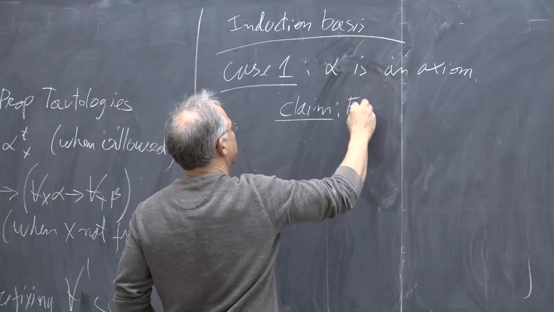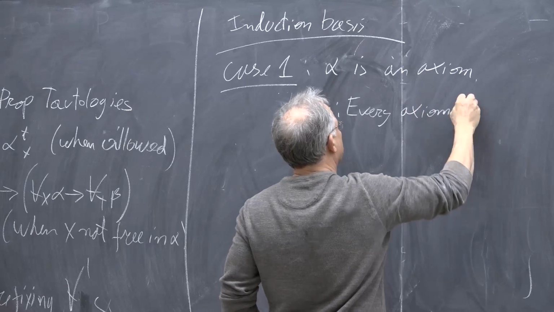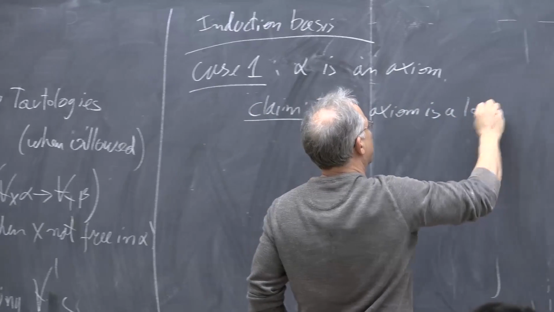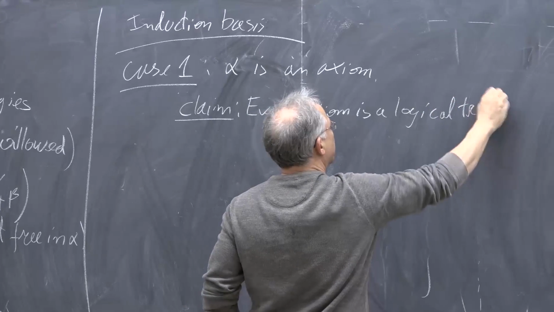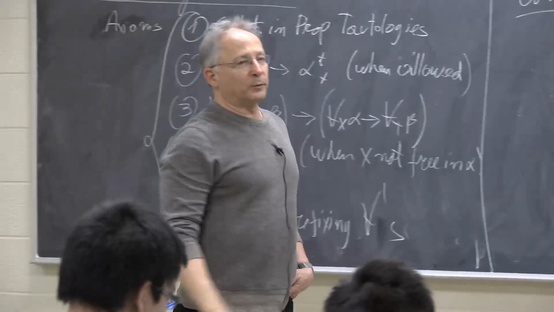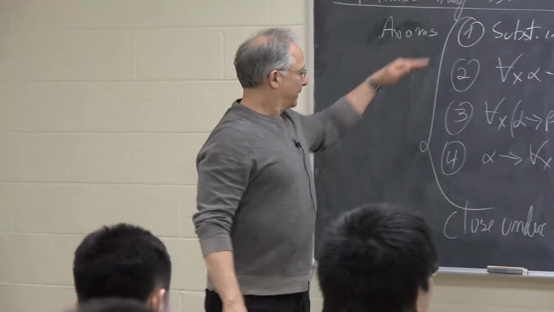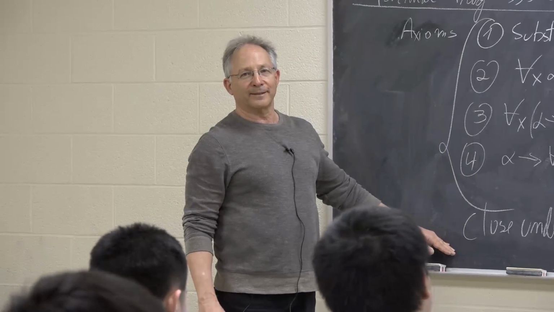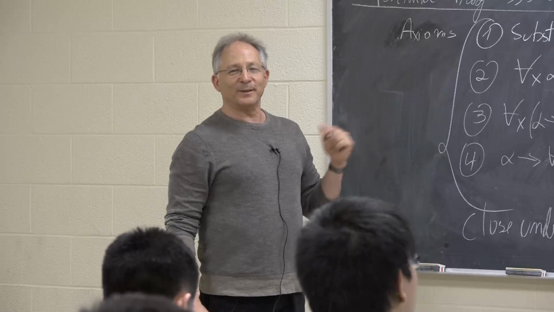Every axiom is a logical truth. And even this we need to prove by induction, because the set of axioms is defined as an inductive set. So we prove it by induction on the set of axioms.